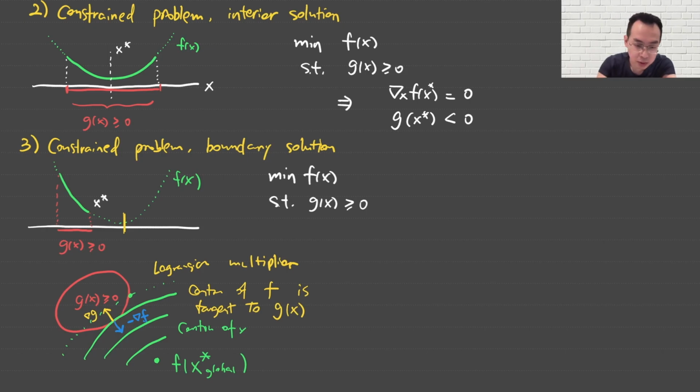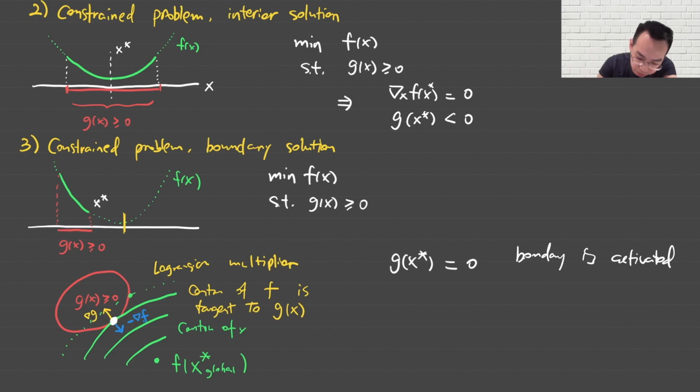So if we write this down in terms of equations, there need to be two equations satisfied, right? The first is that g of x star needs to be zero, right? So this means that the boundary is activated. I should say that this particular point right here is our x star.